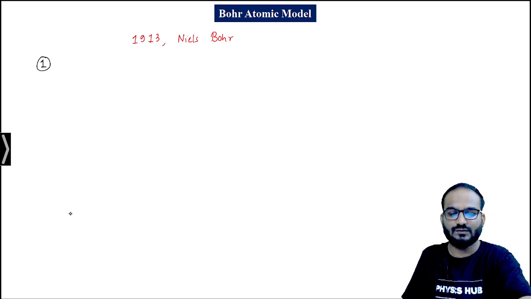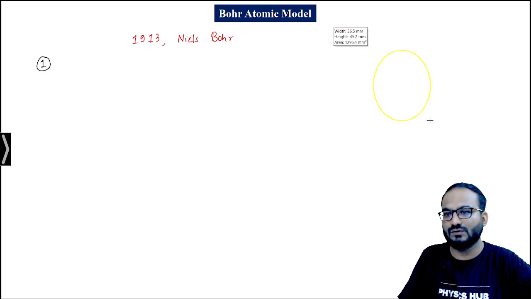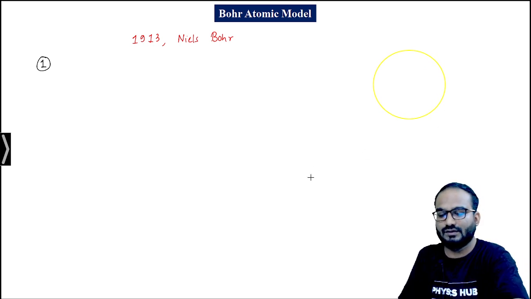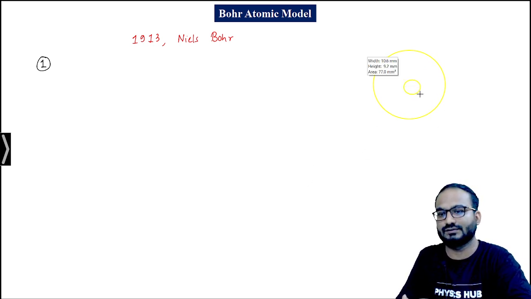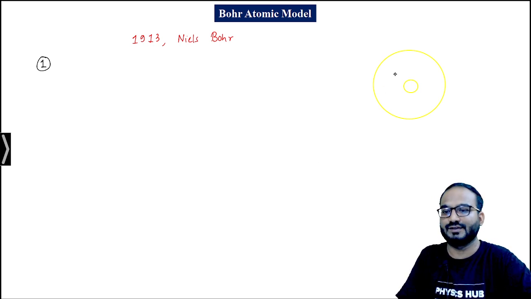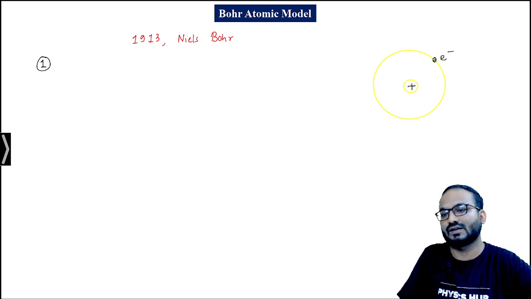The first postulate was that we have an electron and we have a nucleus, and the electron revolves around it under the action of the Coulomb attraction. Okay, this nucleus attracts this electron, and as a result the electrons are able to revolve around the nucleus.